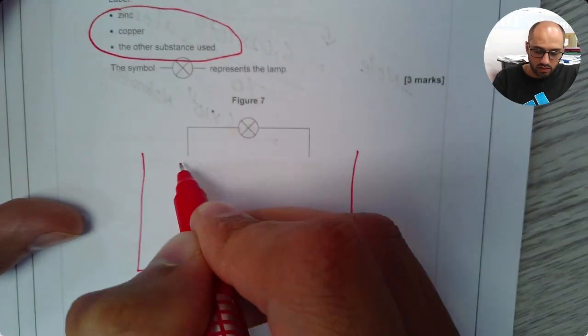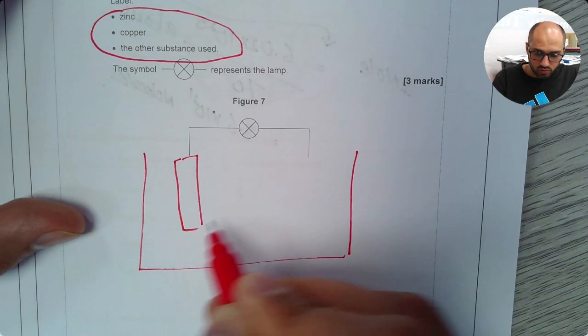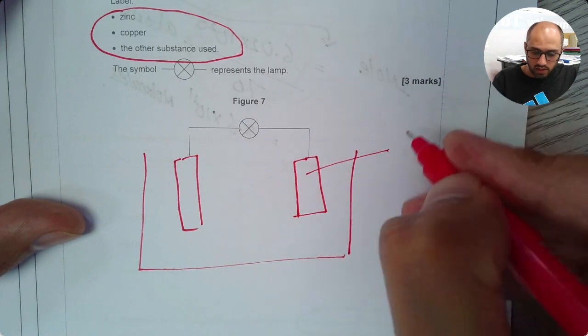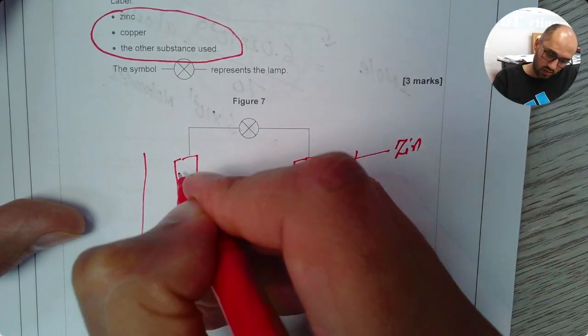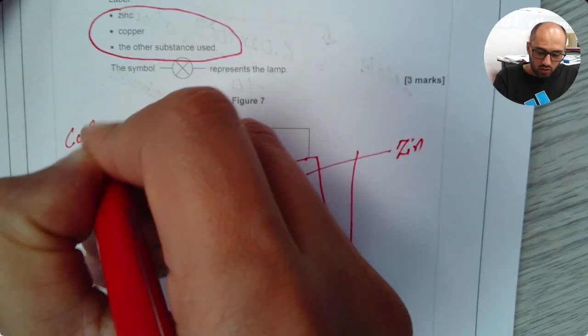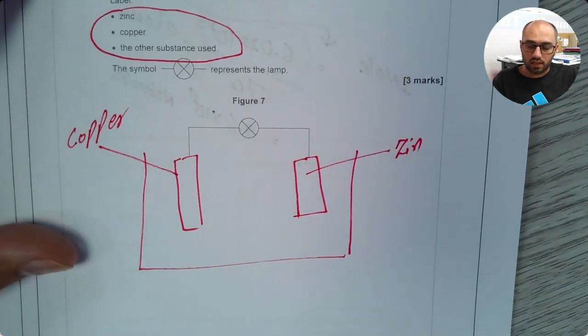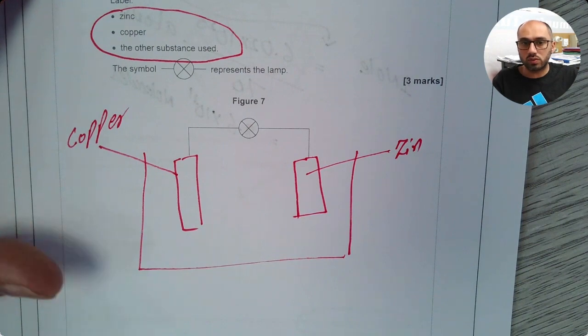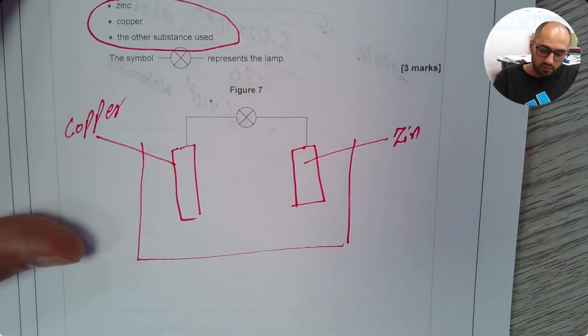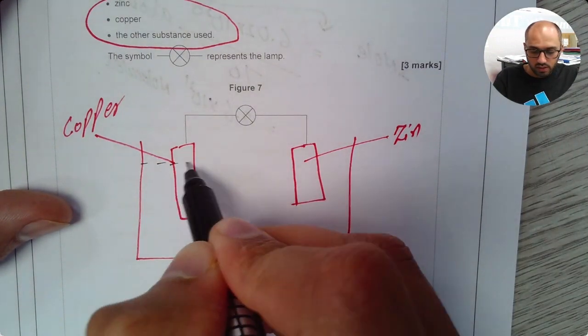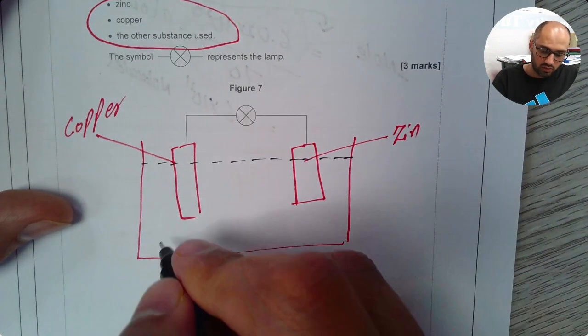In this beaker, I'll have 2 electrodes. Let's say this one is zinc, this one is copper, because they both have different reactivities. That's why the movement of electrons will take place. But we will need something for the movement of ions to take place, and that will be our electrolyte solution.